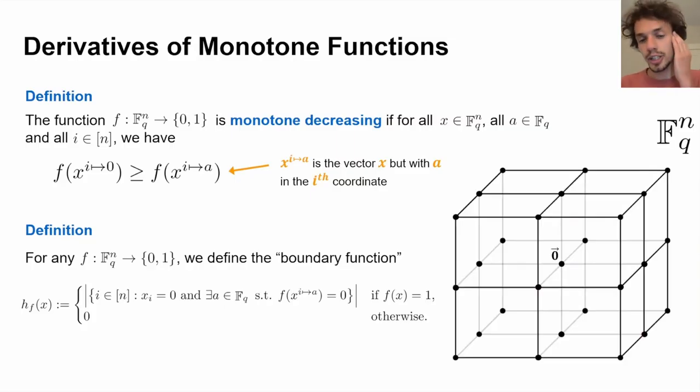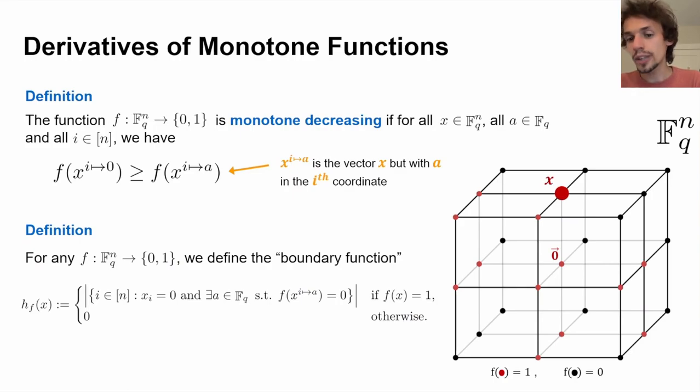Now, what is this function h_f? Well, let's say that we have some function f that evaluates to 0 on the black dots and to 1 on the red dots. First, when f of x is equal to 0, h_f is also equal to 0. So on all the black dots, h_f evaluates to 0.